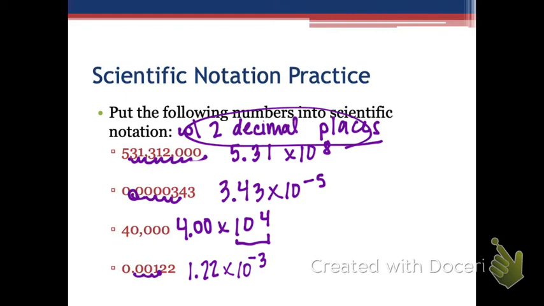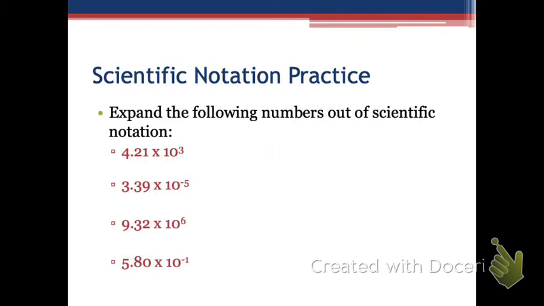All right, let's work the other way now. We've got a number in scientific notation, and let's express the full number that it's trying to express. So 4.21 times 10 to the third, the positive third. Does that mean we're trying to express a number that's greater than 10 or less than 1? Greater than 10. We're trying to express a big number, right?